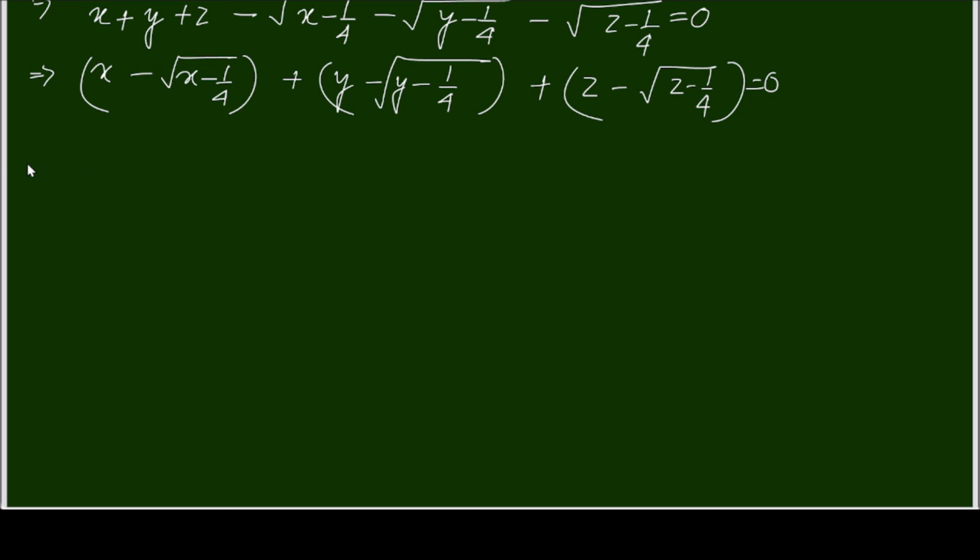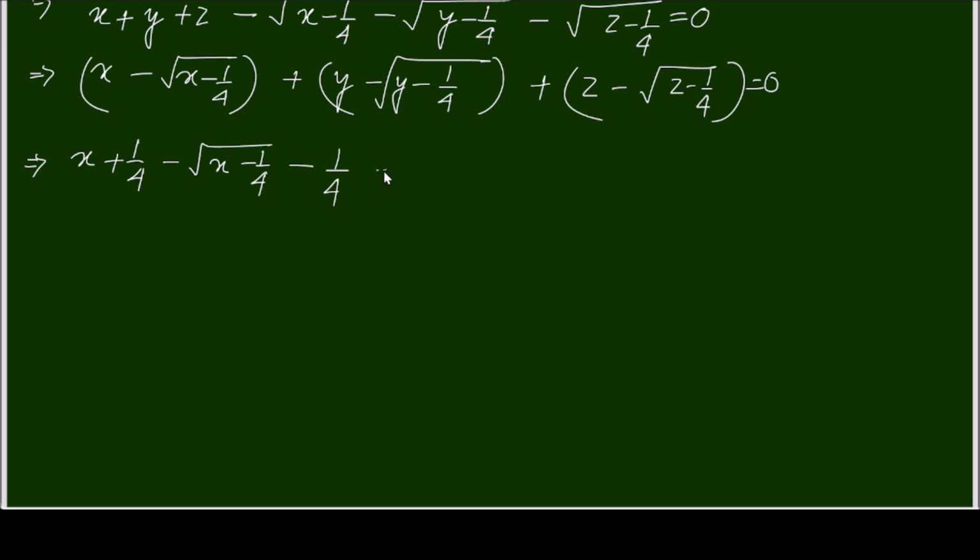So for the first one, I need x minus 1 by 4 plus 1 by 4, minus square root of x minus 1 by 4, and here I added 1 by 4 and subtracted 1 by 4.